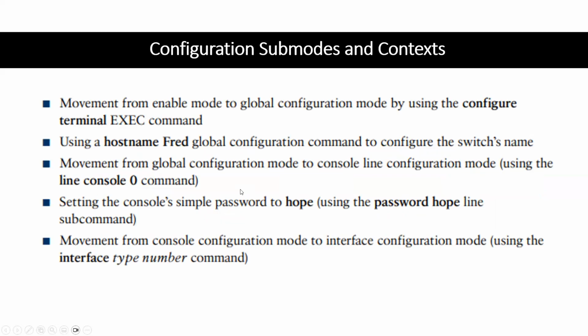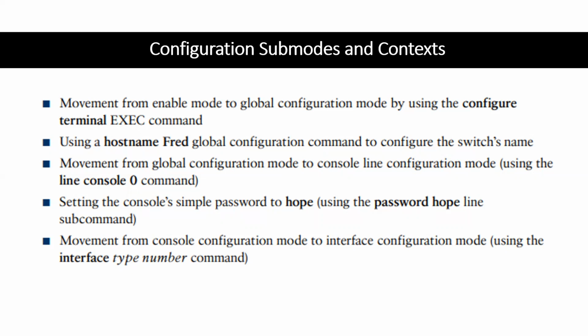Okay, so configuration submodes and context. Let's talk about that. Like I told you, to get to global configuration mode, while you're in enable mode you type configure terminal or config t. If Ryan wants to set the hostname on a Cisco switch, he can do that in global configuration mode.